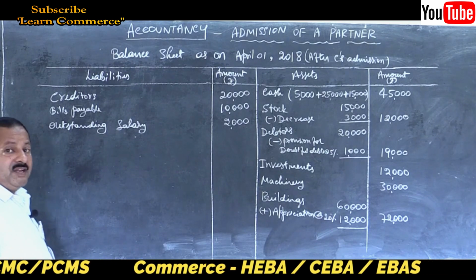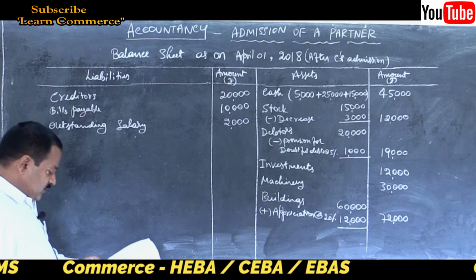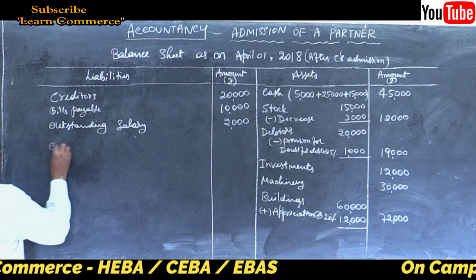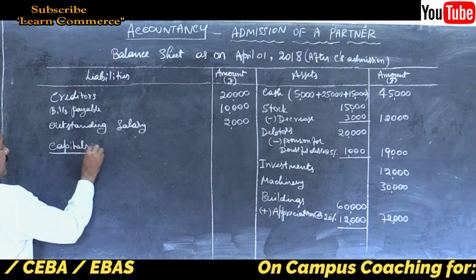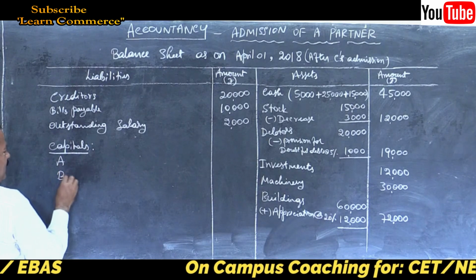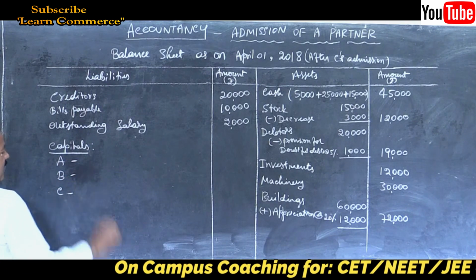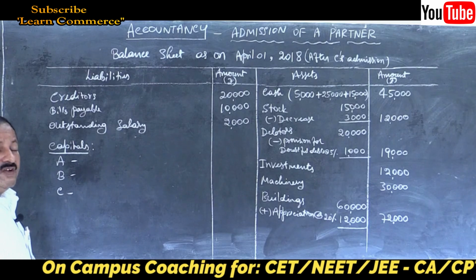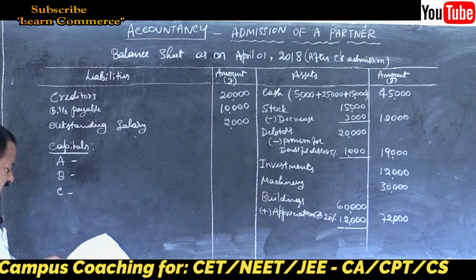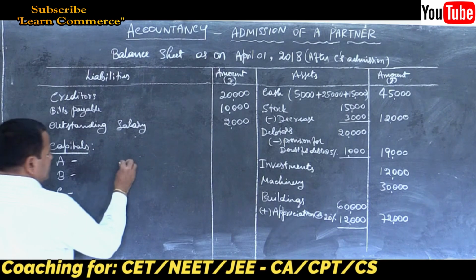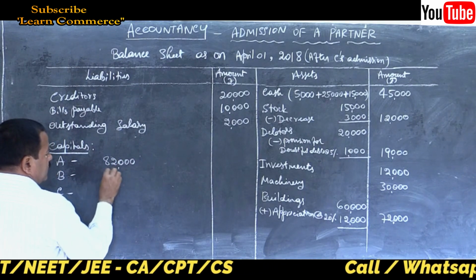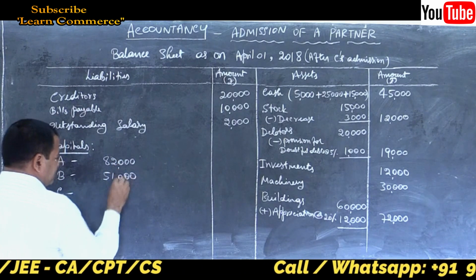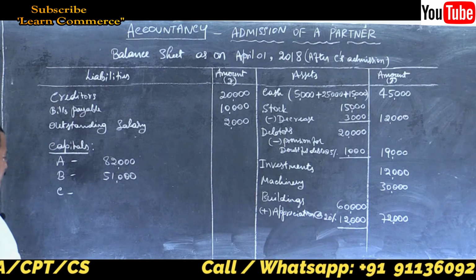Now see your combined capital account balance, write the same balance, capitals. Under that A, B and C, write their final balance which was brought down. That is 82,000, 51,000 and 25,000.